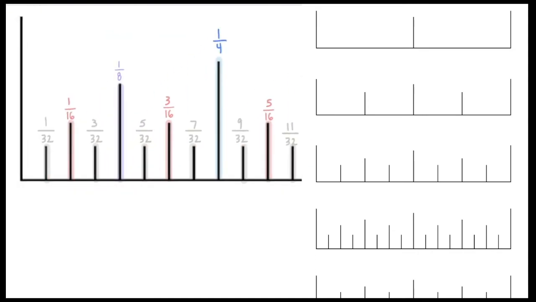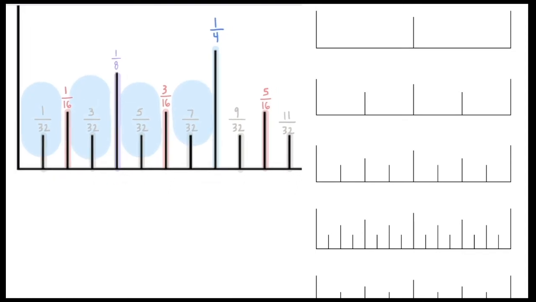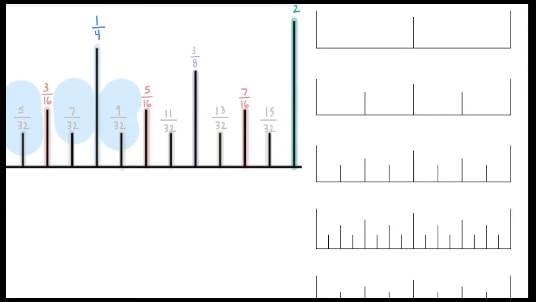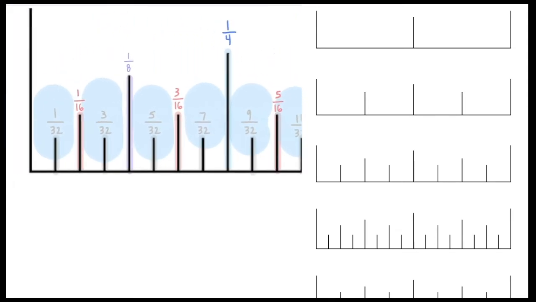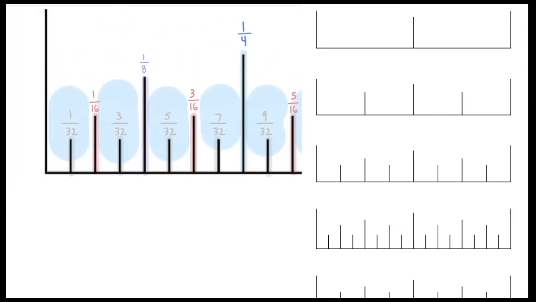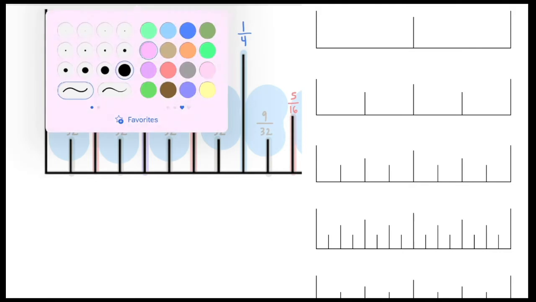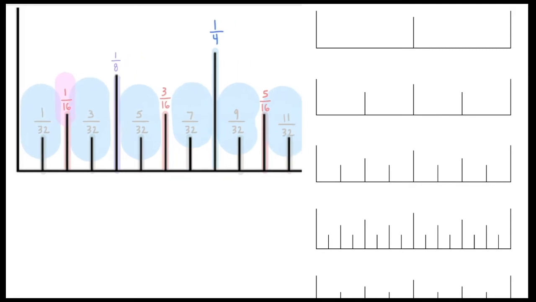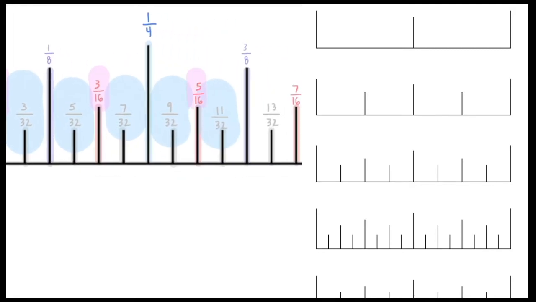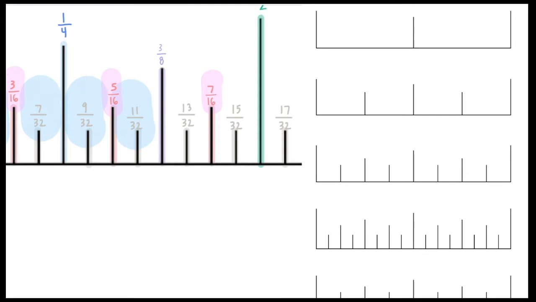One big pattern you'll notice is these are going to be odd. So 1, 3, 5, 7, 9, 11, and so on. That's for the 32nds. Now let's look at the 16ths. We have 1/16, 3/16, 5, 7, and so on.